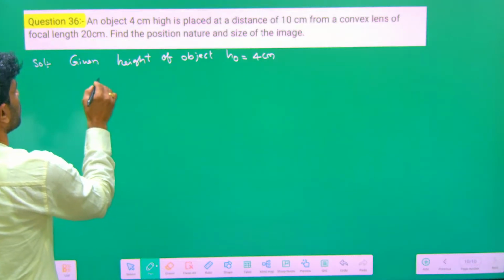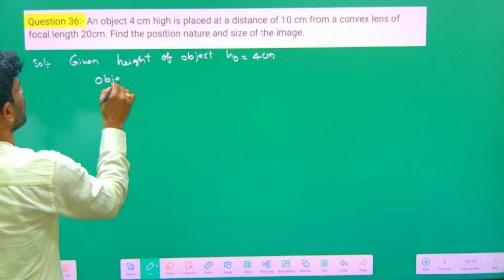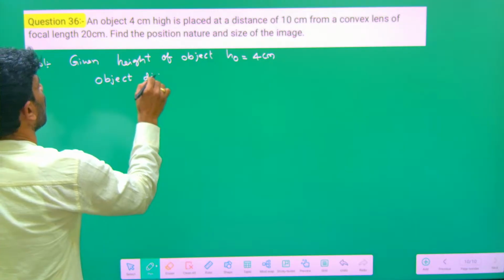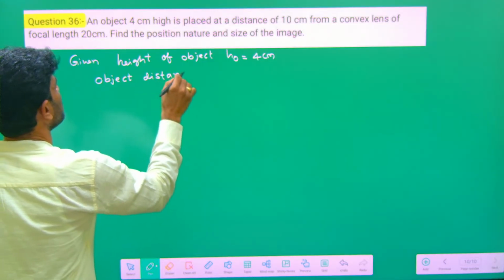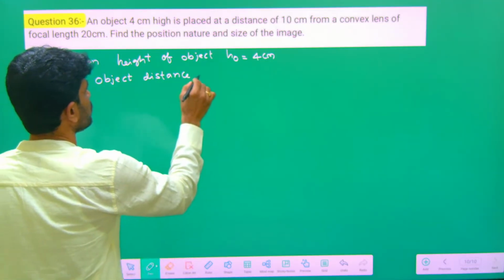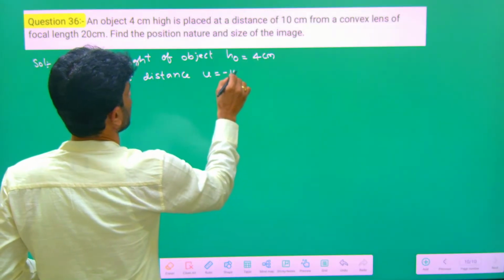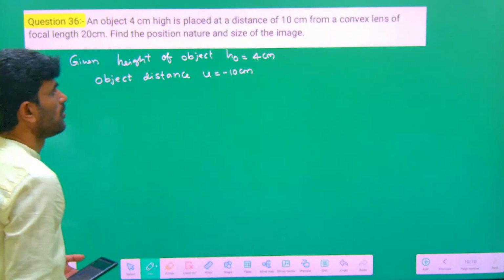Ten centimeters is the object distance, which will be taken negative. So object distance u is equal to minus 10 centimeters.